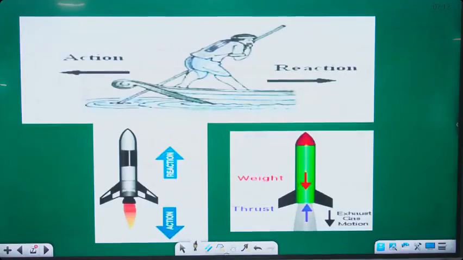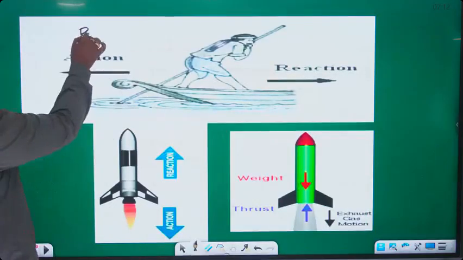The very first example that we say here is the rowing of a boat.